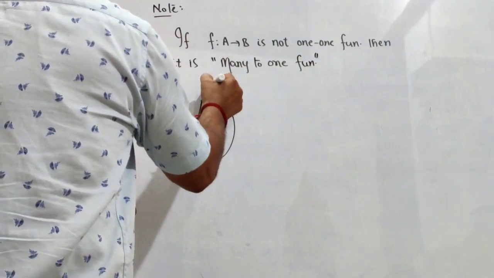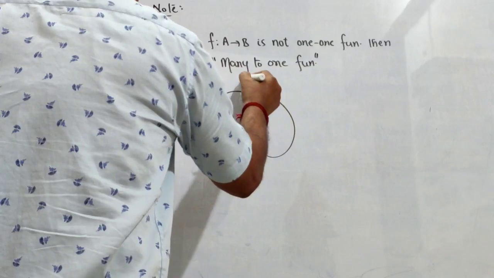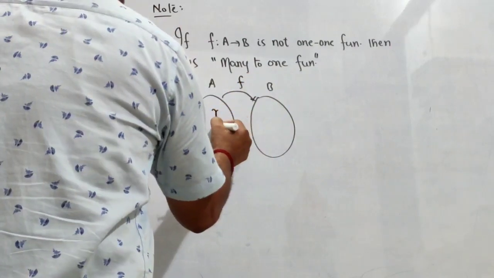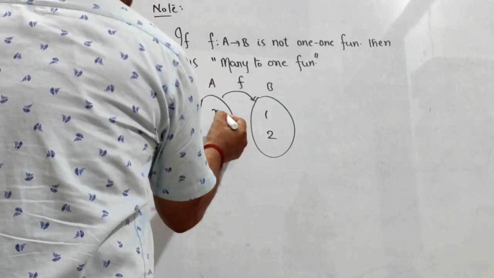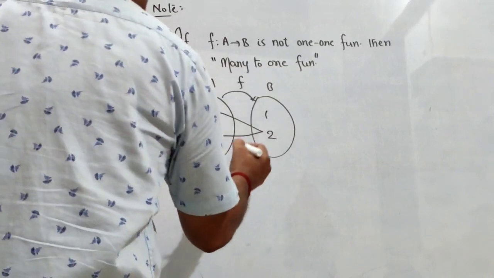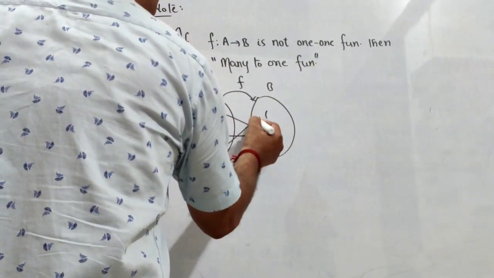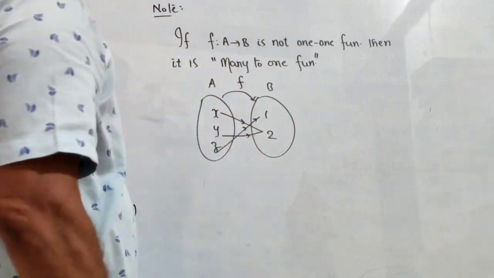Example, many-one. Capital A, capital B. Suppose f, x, y, z, 1, 2. x is mapped with 2. y is also mapped with 2. z is mapped with 1. It is called many-one function.